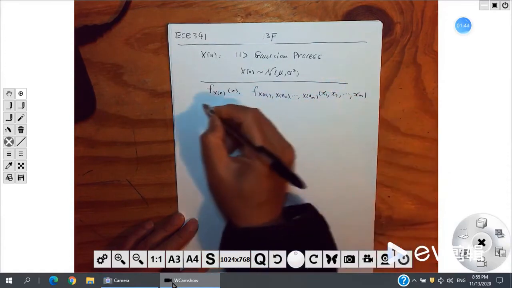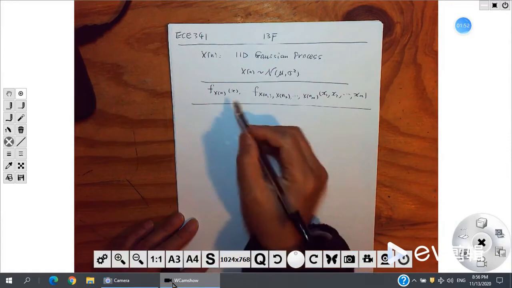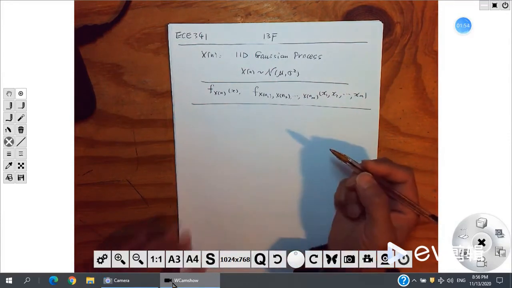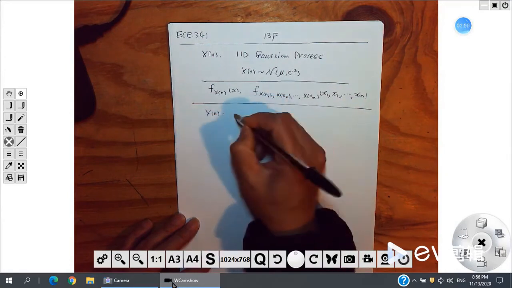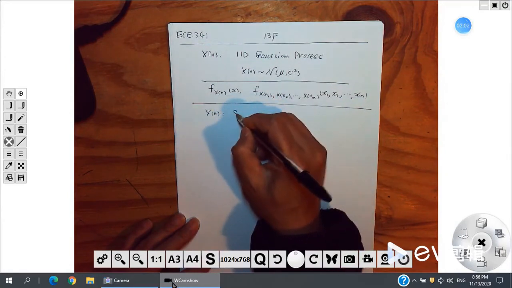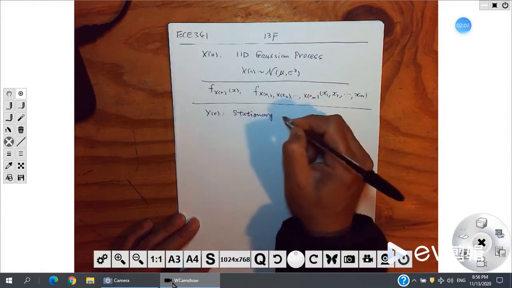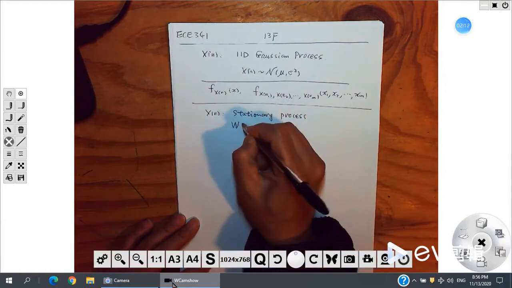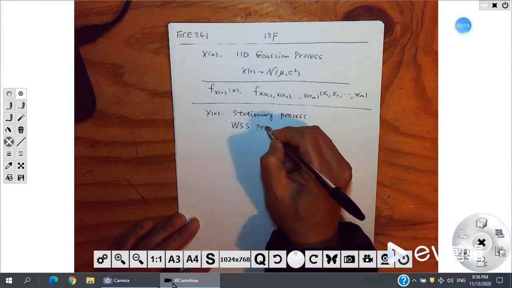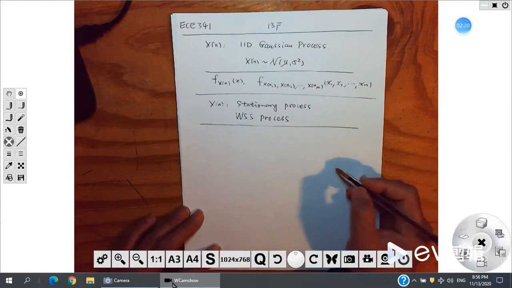We also know this process x of n is a stationary process, as well as a wide-sense stationary process. And we also know those average values.